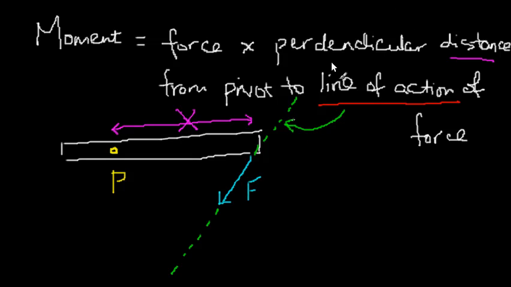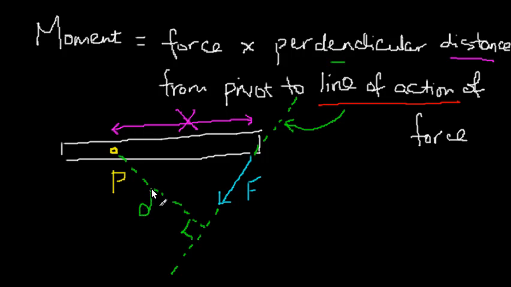And a perpendicular distance means we go to the pivot and we draw a line to the line of action of the force, a line that is at 90 degrees to this line of action. And this is the distance.